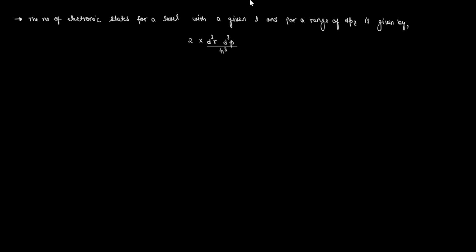Here d³r will be equal to volume, so this will become 2V divided by h³, and in cylindrical polar coordinates d³p will be equal to 2π p_perpendicular dp_perpendicular times dp_z.